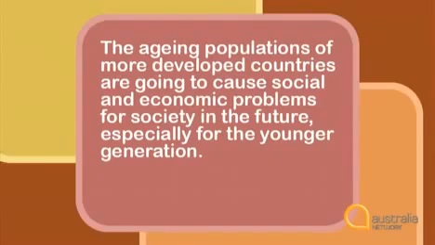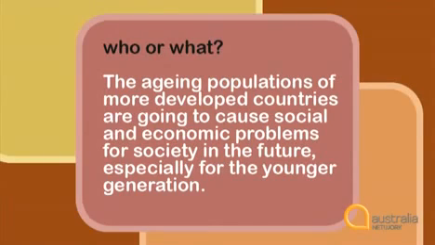First, let's look at the statement. Read it carefully. The ageing populations of more developed countries are going to cause social and economic problems for society in the future, especially for the younger generation. You should ask yourself, who or what must I write about?